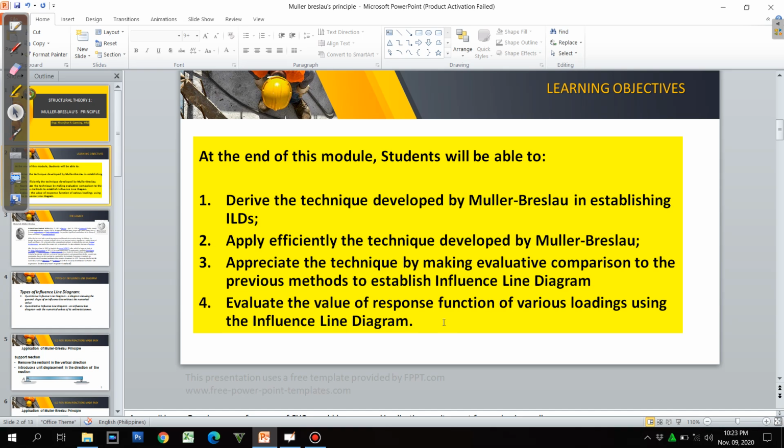What if that unit load will come into real loading like pointed loads that is not equal to 1 or a distributed load moving from one point to another? So bear in mind that your loading here is not fixed at any point, but rather it is moving from left to right along the beam.